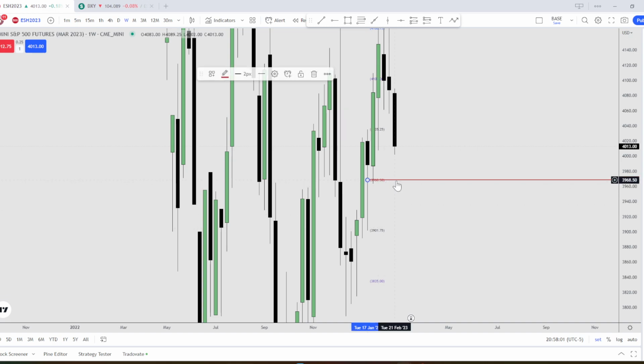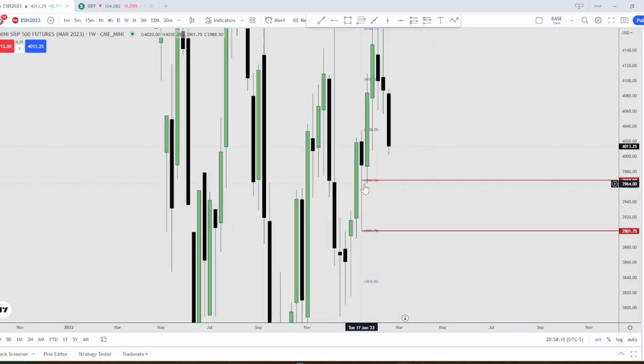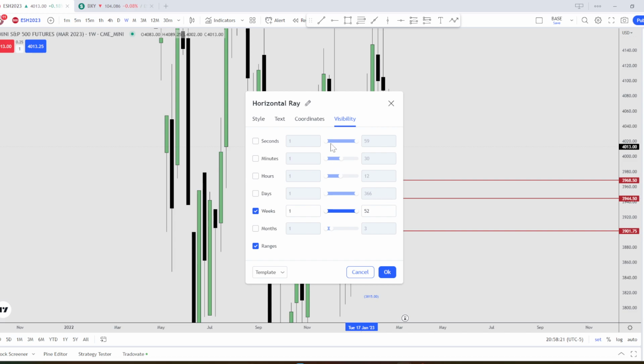and also over here sell side, and the consequent encroachment of the week itself for 3905.25.